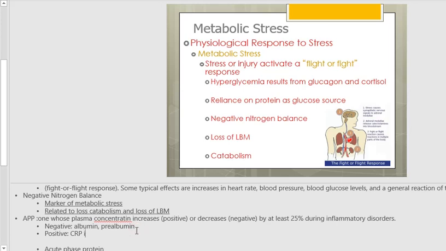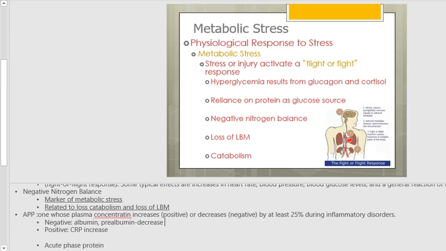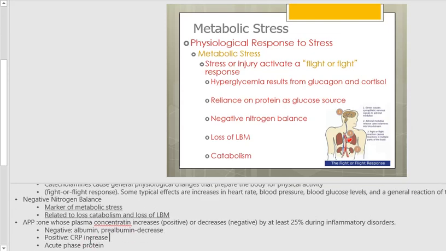It's going to increase. So know that albumin and prealbumin are negative, they're going to fall, and CRP is going to increase. Those are the only ones I'm going to ask you to be somewhat familiar with.